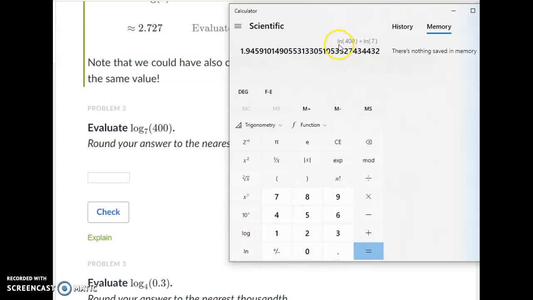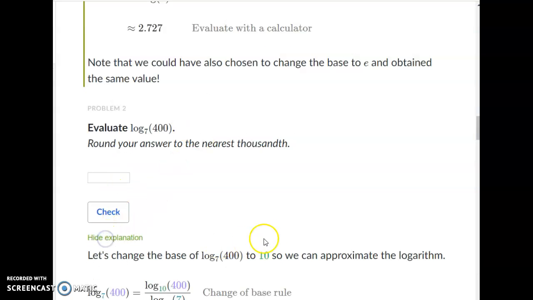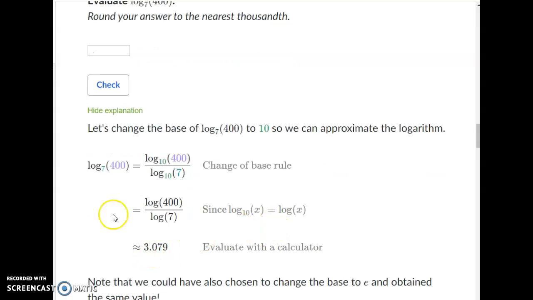So once again, we're doing the natural log of 400 divided by the natural log of 7, and we are going to get about 3.079. So once again, same idea. Log base 7 of 400 would be the log base 10 of 400, or the log base e of 400, divided by the log base 10 of 7, or the log base e of 7. So as previously mentioned, that would be 3.079.